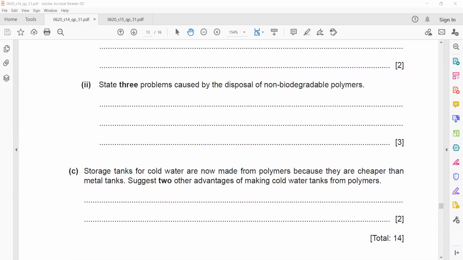It will cause visual pollution, or a shortage of landfill sites, because if we keep dumping this waste, the polymer is not decomposing. If it is burned, it will release toxic gases. It is a danger to wildlife, animals, even marine life, including the sea. There is a danger of wildlife feeding on these materials.